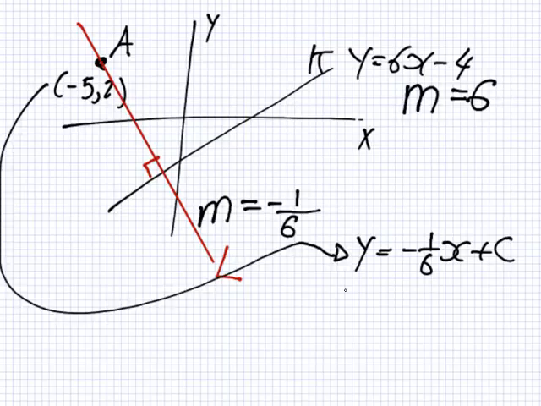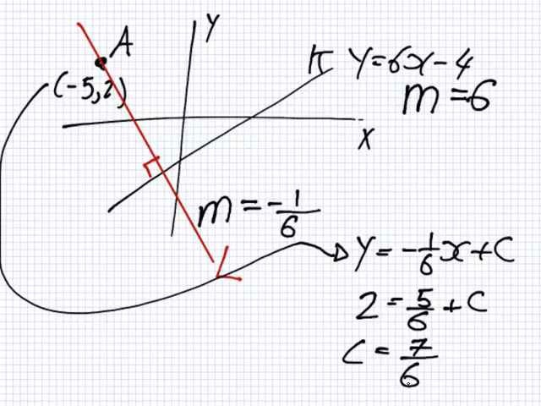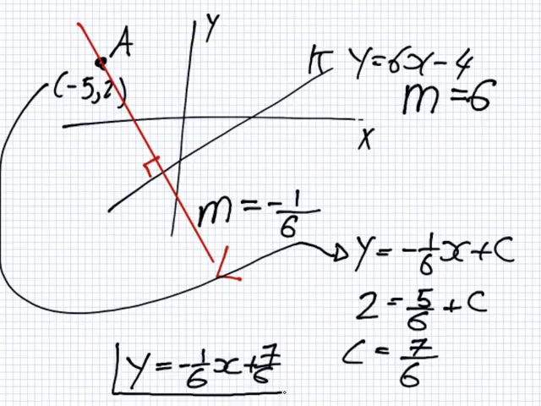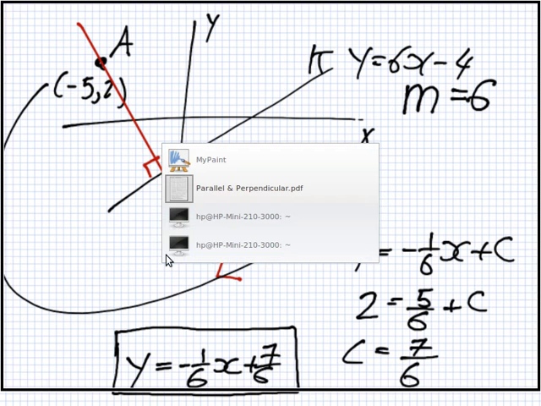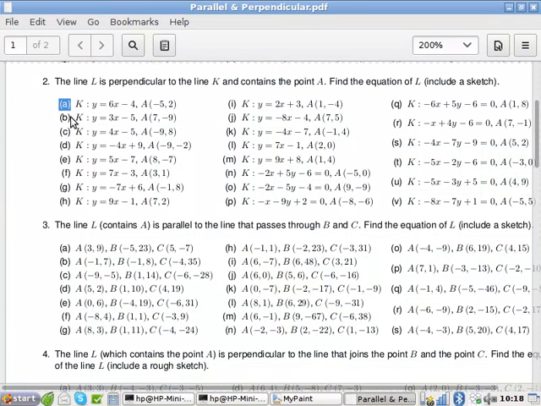Put this point in: 2 equals 5 over 6 plus c. So c equals 7 over 6. So I have my answer: y equals minus 1 over 6x plus 7 over 6. Okay, good. So you can try the B here by yourself.